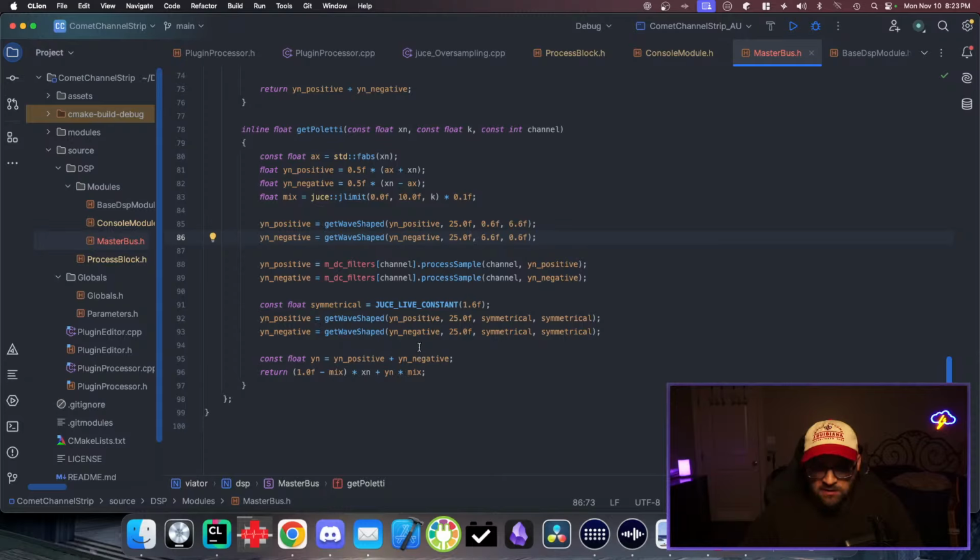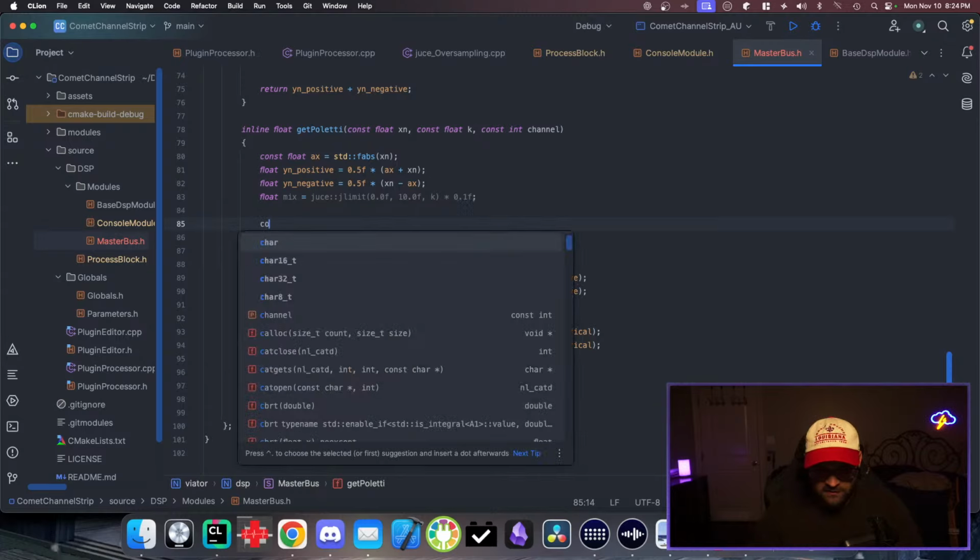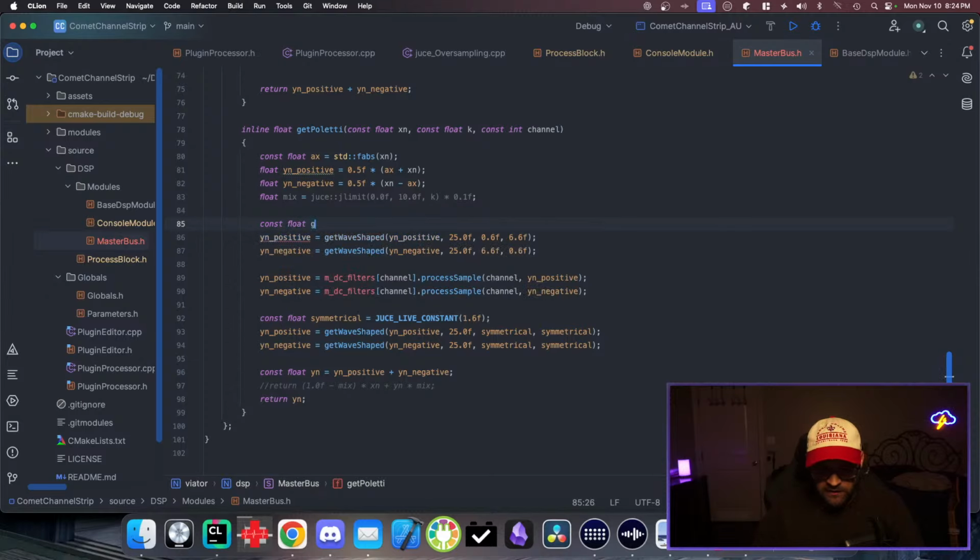I think something is wrong. I'm going to get rid of this mix part. I'm also going to change these to 10. Let's see. Const float gain equal to 10.0.